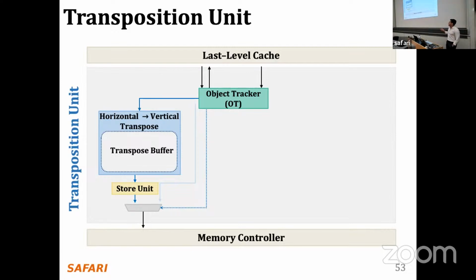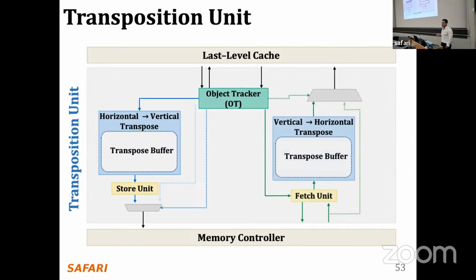So if I have an address A here that later on is going to be used for processing using DRAM operations, I register the address here, and every cache line of this address that is evicted to DRAM because your application is running, I intercept that cache line, I transpose it, and then I write that data in a vertical data layout. And then later on, if you need to read that same cache line from DRAM, I read the data, and then I transpose it back to the horizontal data layout and move it to the cache already in the correct format.